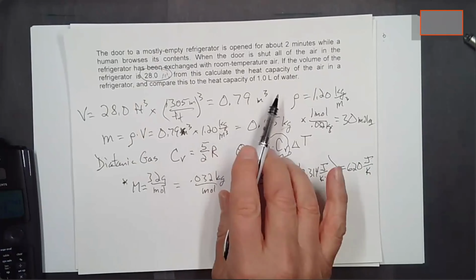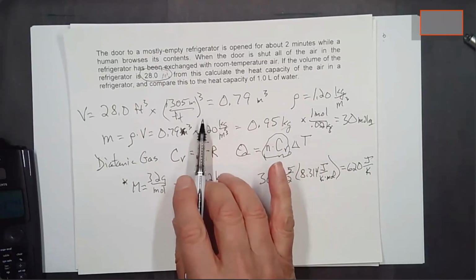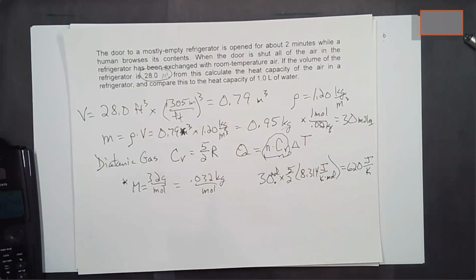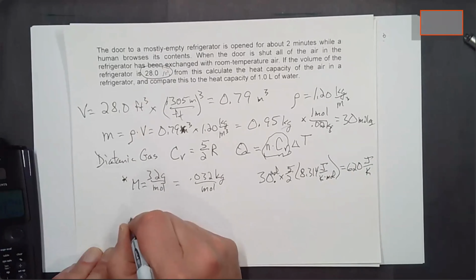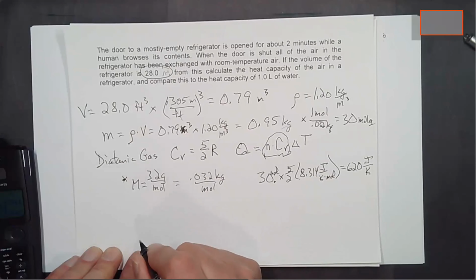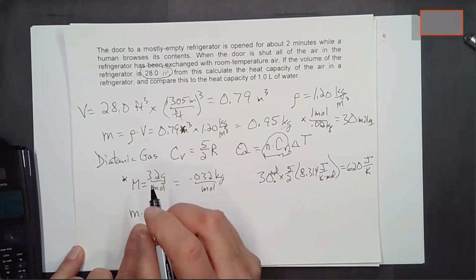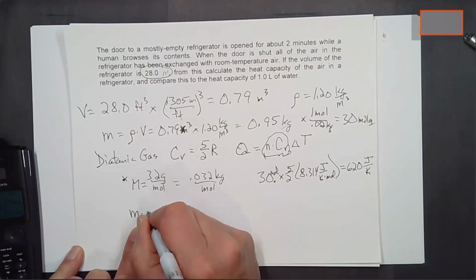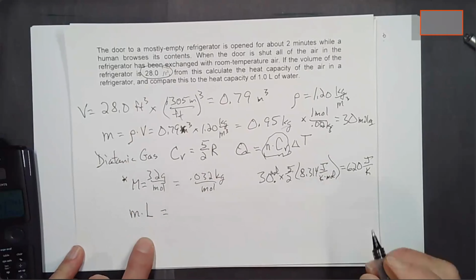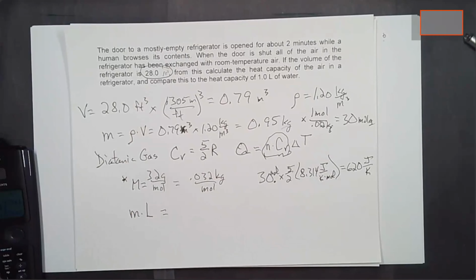All right. Well, what about the heat capacity of 1 liter of water? In that case, the heat capacity would be the mass times the specific heat of water, which is back a ways in the previous chapter. Quantity of heat, specific heat of water.